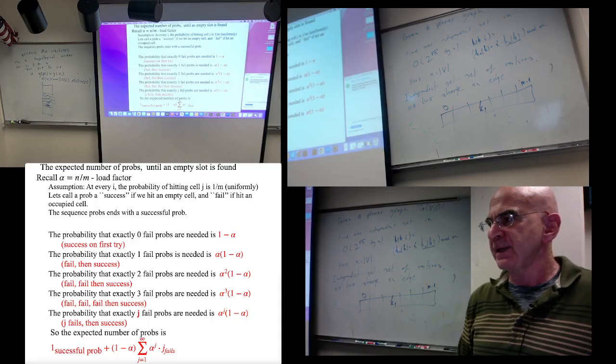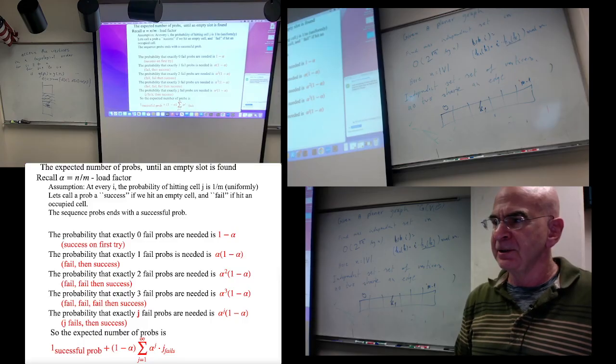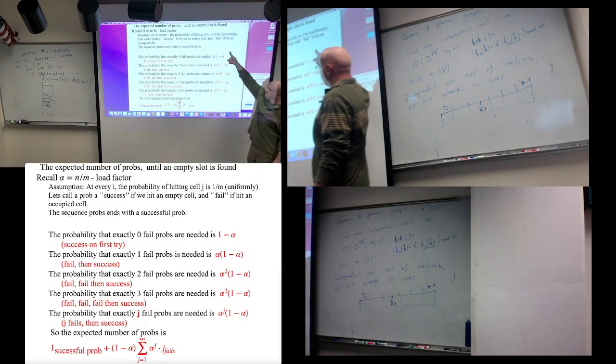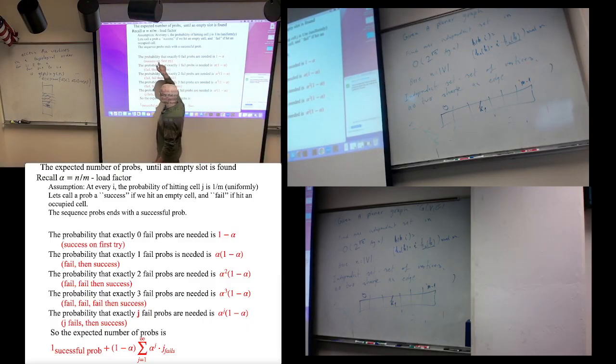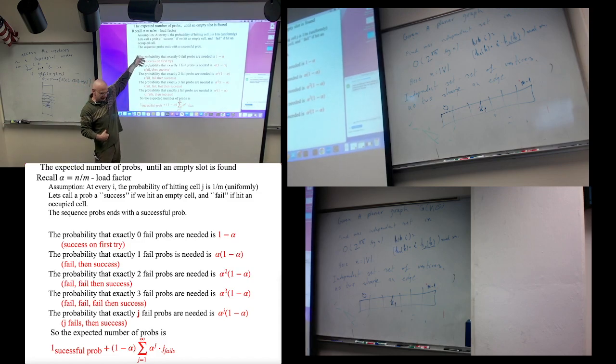When do you need one probe only? Well, if the key that I'm after is not in the table, which is the slowest case, then the only way that I'll need one probe only would be, it's a success in the sense that I can stop the search on my first try because I landed on a cell that is empty. That will happen with probability equal to the ratio between empty cells and the total number of cells.